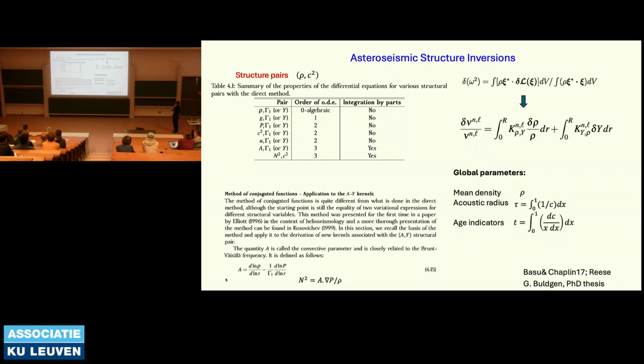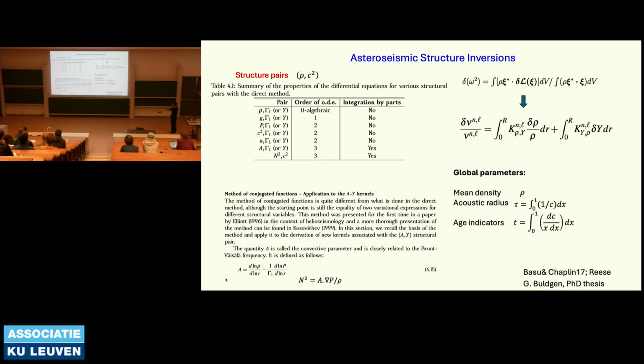Okay, so maybe you want to write down your perturbation in the full form. This is actually the basis of asteroseismic structure inversions. So you can use different pairs. We normally only need 2 pairs of structure variables, like rho and sound speed squared, or you can convert to other different pairs, which are listed in this table from Gael's thesis.